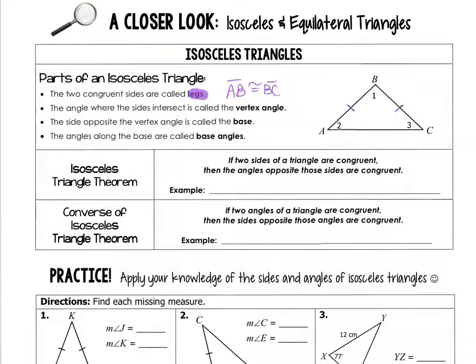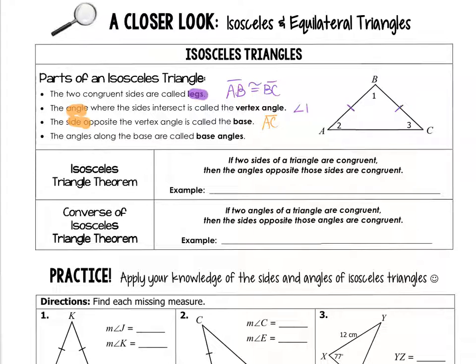And then be careful here. The angle where the sides intersect is called the vertex angle, and that would be angle 1, or angle B in that matter. Next, the side opposite of the vertex angle is called the base. It should be the segment AC.